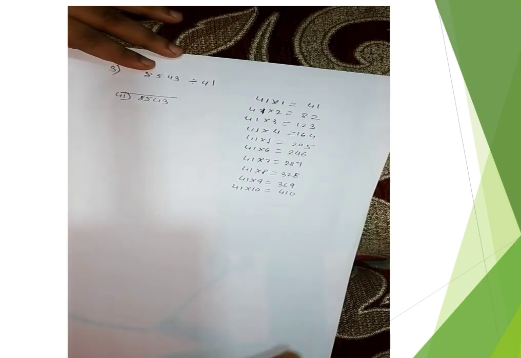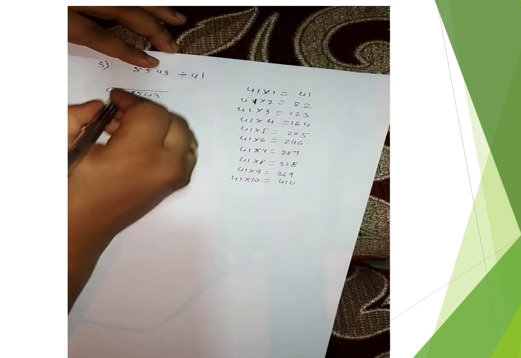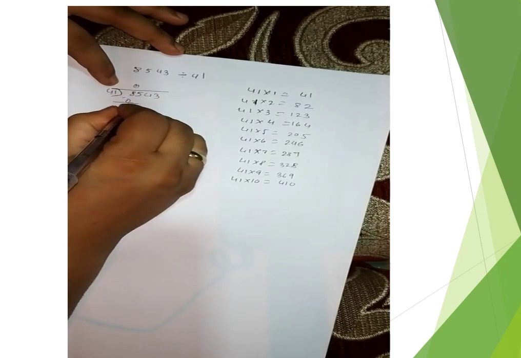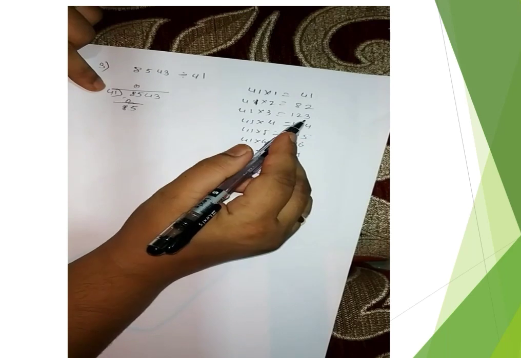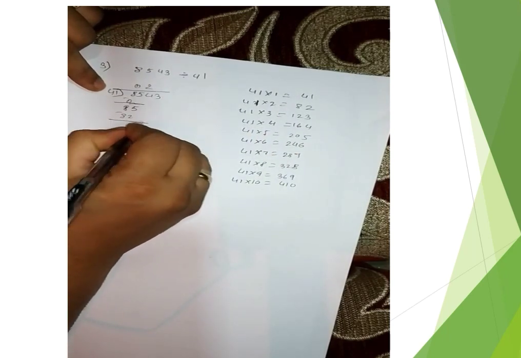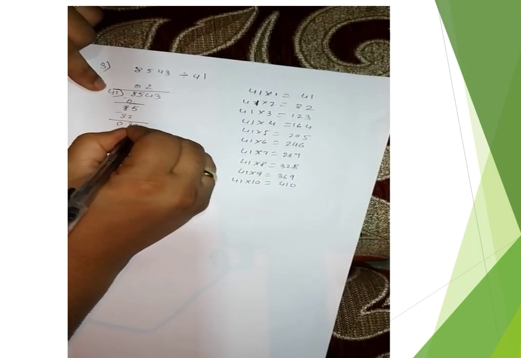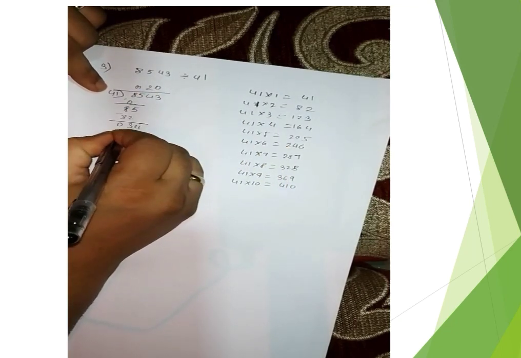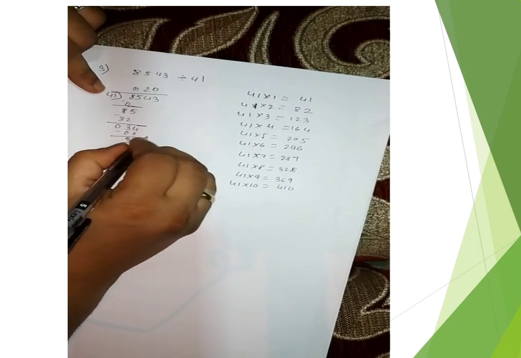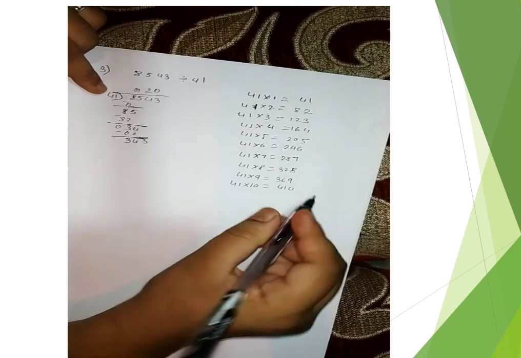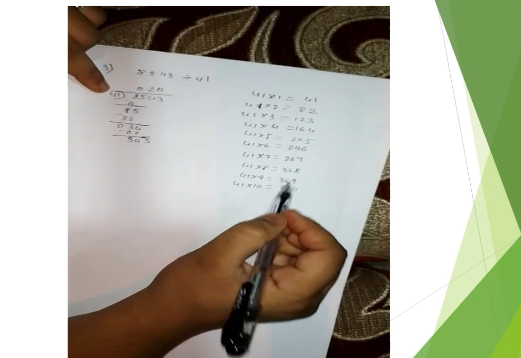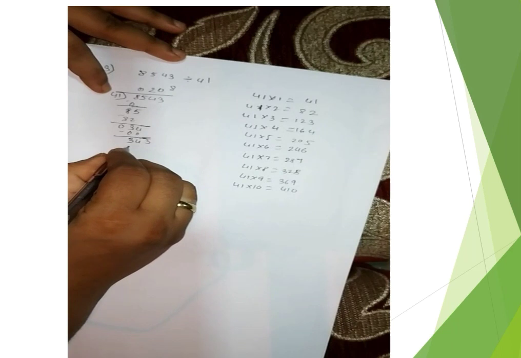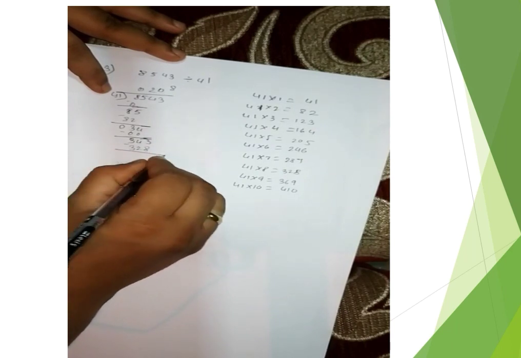8,543 divided by 41. So here 41 into 2 is 82. So here 3, 0. 4 comes down, 34 and 3 comes down. So here the smaller number is 328, that is 41 into 8 is 328.